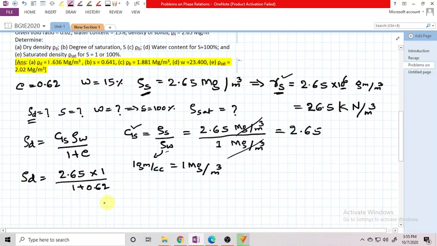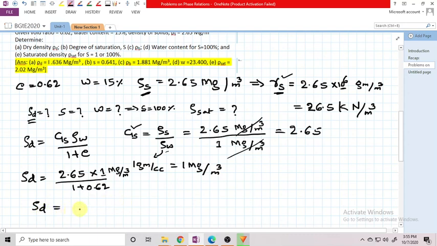Now whatever density you get is in terms of megagram per meter cube.